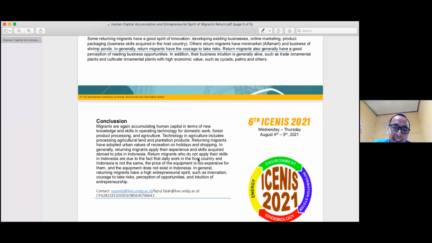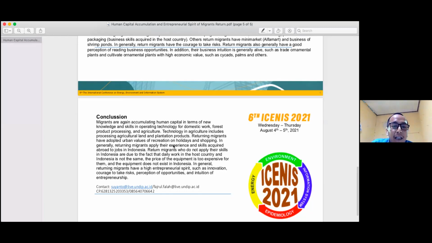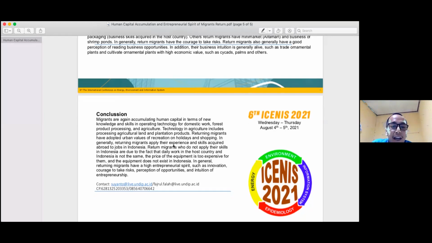Indonesia sends people to other countries not for professional work, but just domestic jobs. The technology is agricultural, including processing agricultural land and plantation products. Return migrants have adopted urban values of recreation, holiday, and shopping.